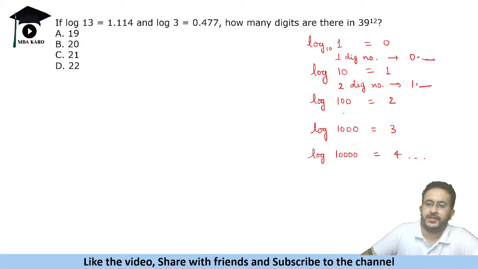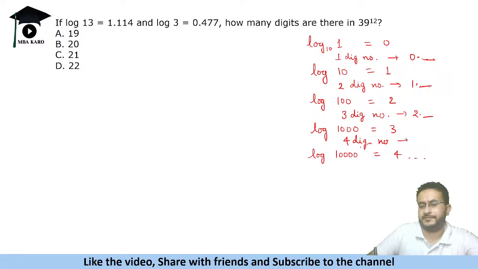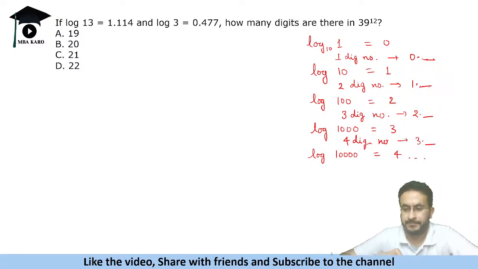Okay. If you take a three digit number, let's say 200, 250, any number, 300, 780, the log will be somewhere 2 point something. If you take a four digit number, let's say 3345, anything, right? So the log will be 3 point something.